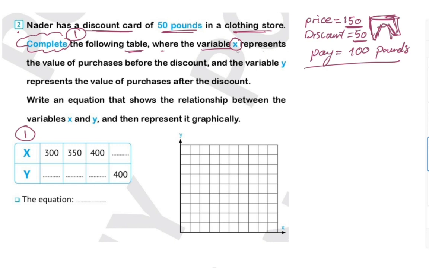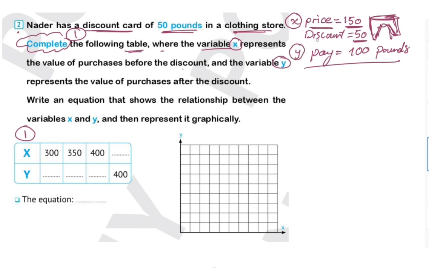X represents the value of purchase before the discount, like the original price. So the price is x before the discount. And y? It represents the value of purchase after the discount. That means the amount of money you will pay. You will pay what? Y.